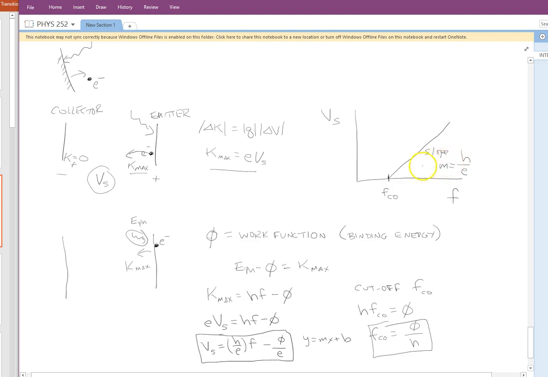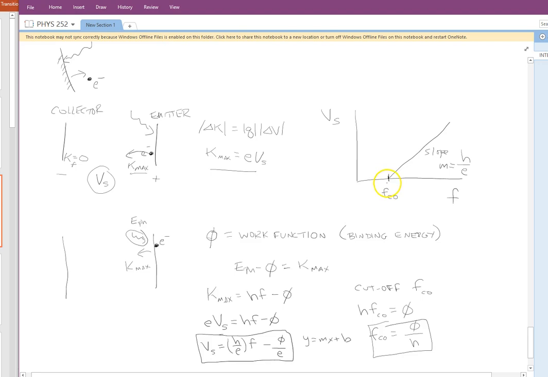And sure enough, when you do an experiment like this with the photoelectric effect, you get a value of Planck's constant that is the same, within experimental error, as what you get from thermal radiation. And to continue this, you can get at the work function of the metal by making this plot right here. The work function is going to be given by that vertical intercept.